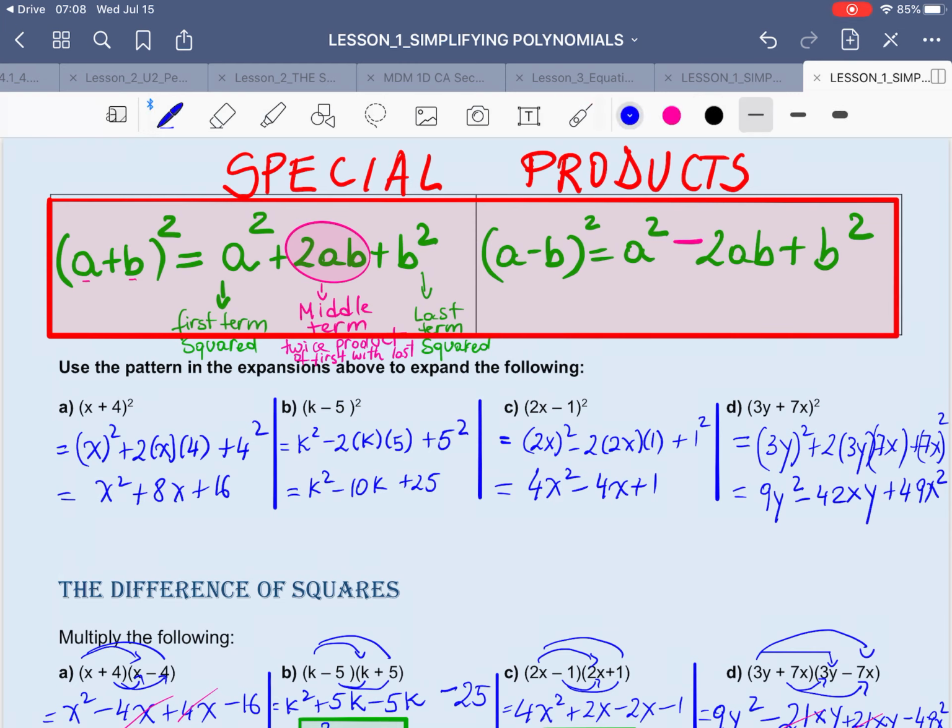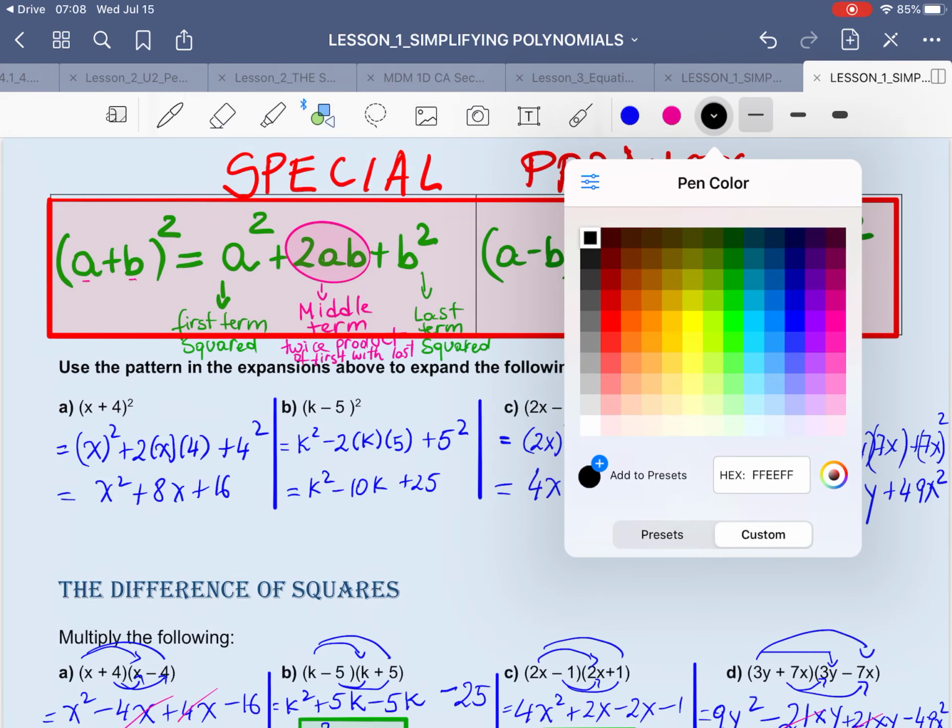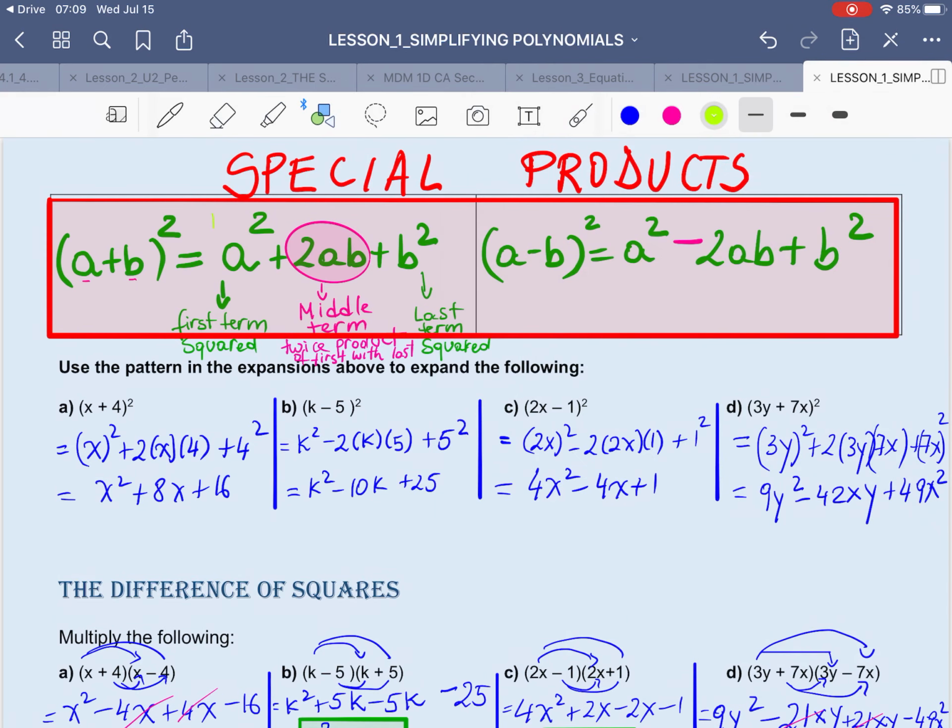Now I want to add one last thing in here. We have a very special name for a squared plus 2ab plus b squared, this trinomial, and I'll point at it right now. The special name we have for it is a perfect square trinomial. Why is that?